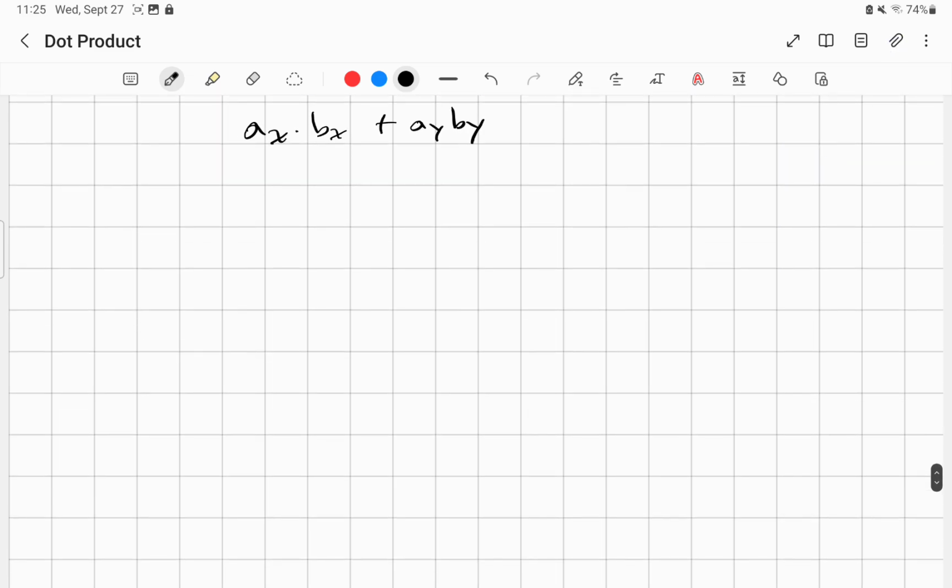So basically, how do we think about dot product? We can think about it as a similarity metric, or a parallelity. I'm not sure if that's exactly a word, but a parallelness metric.